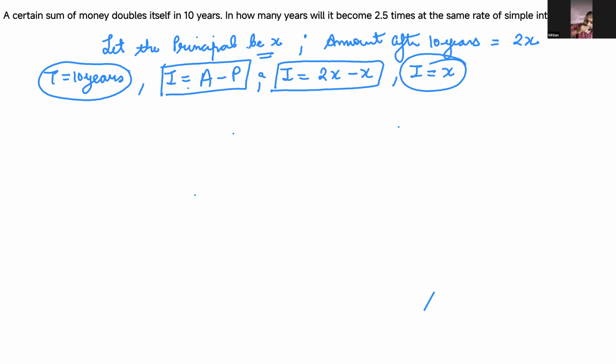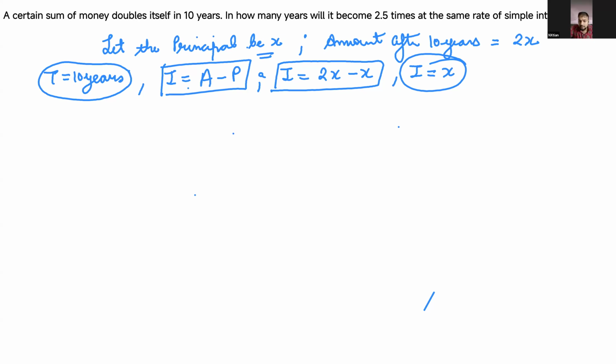Is it alright to take both the principal value and the interest value as x? No, we don't have to just take it. We have to solve it to get x. We got x because amount minus principal, amount is 2x, principal is x, we subtract and get the answer. We can't assume it every time.